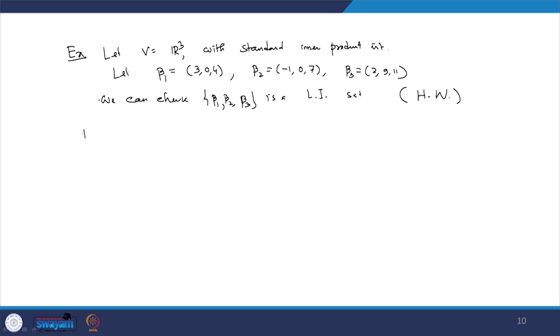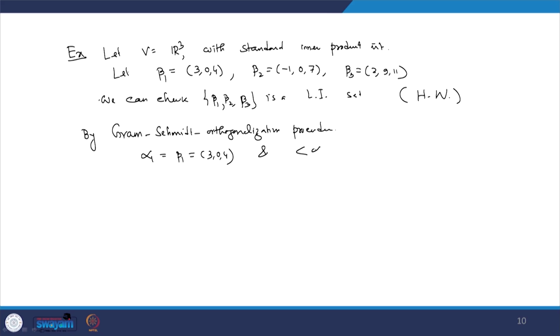So, by the Gram-Schmidt orthogonalization procedure, alpha 1 equal to beta 1, that is equal to 3, 0, 4, and norm of alpha 1 square is equal to 3 square plus 4 square which is equal to 25.